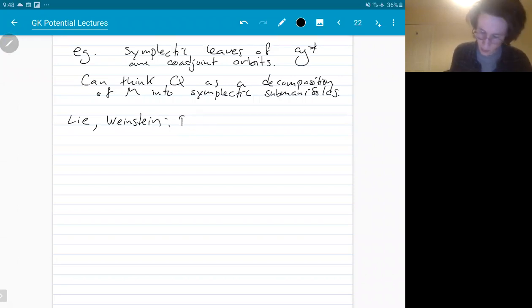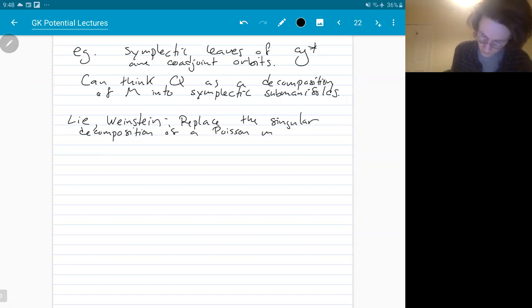And the idea here is that we replace the singular decomposition of a Poisson manifold into symplectic leaves by a map.